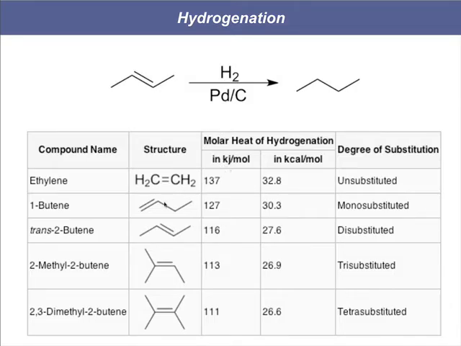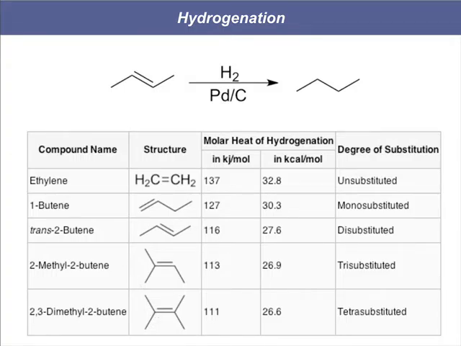We saw this trend that from unsubstituted to mono to di to tri to tetra, each one correspondingly required less energy to hydrogenate, meaning that the more substituted the double bond, the more stable it is.